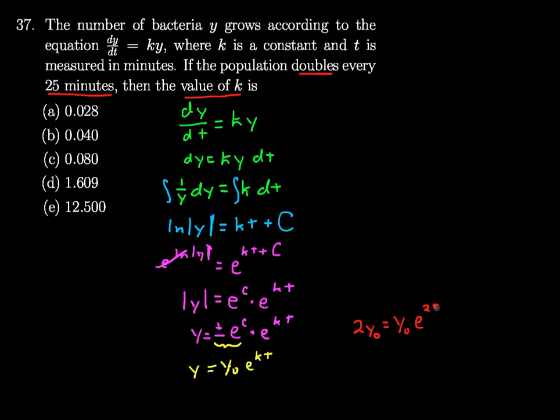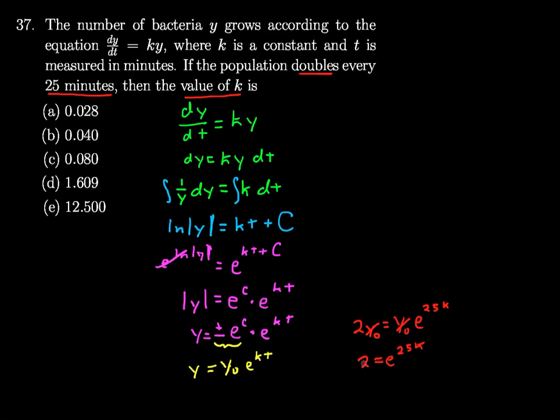Let me say that one more time because this is probably the tricky part. If this is where I start, when t is 0, that's going to be 1 whole. It doubles, 2 y naughts, when time is 25, so k times 25 is 25k. And I need to solve this, so first thing, I can divide out the y naughts, so they both cancel. They won't equal 0. So I have 2 is equal to e to the 25k.